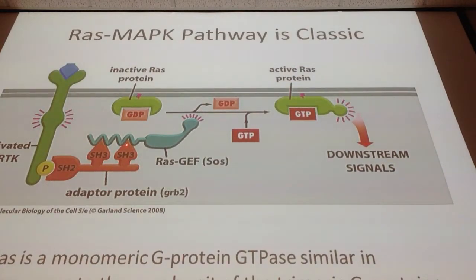In this case, it's GRB2. GRB2 would dimerize with RAS-GEF, and GRB2 has a domain that can recognize a phosphorylated tyrosine residue on the receptor tyrosine kinase. When the receptor tyrosine kinase is phosphorylated, GRB2 will be recruited, and when recruited, it brings RAS-GEF with it, which then puts RAS-GEF near the inactive RAS protein, and RAS-GEF then can catalyze the exchange of GDP for GTP, thereby activating RAS.